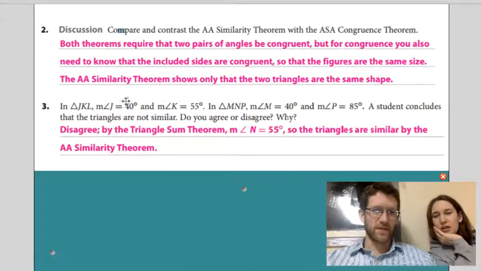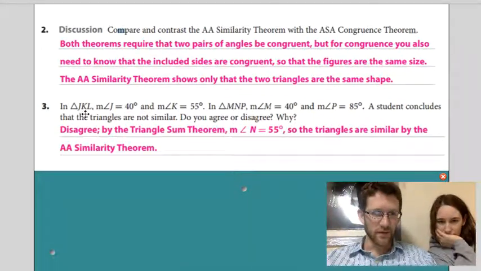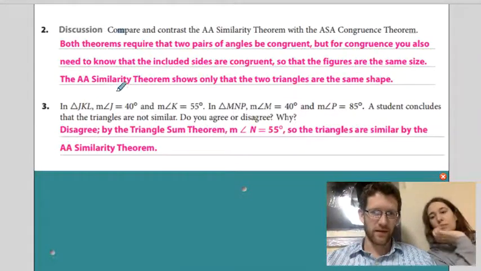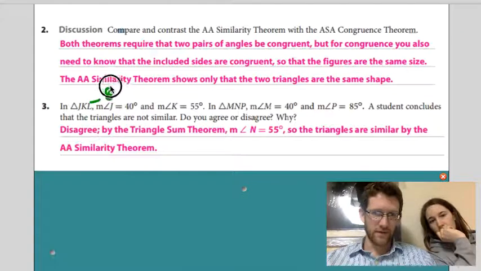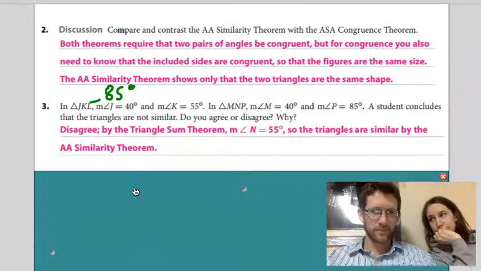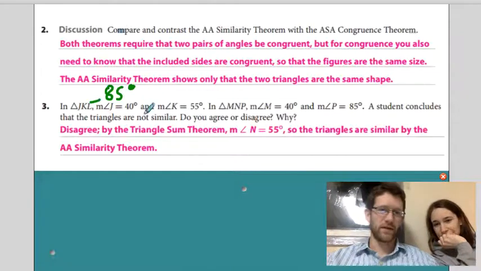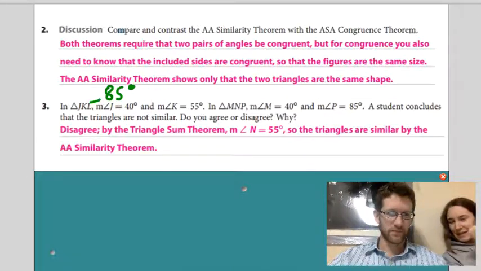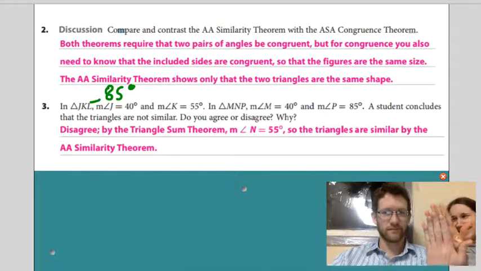So essentially the missing angle here is angle L. So you're saying that angle L here is 85 degrees. Yes. And so therefore it's angle L that corresponds with angle P, and angle M can correspond with angle J, and you can use angle-angle similarity. Cool. Basic addition. Nice addition.